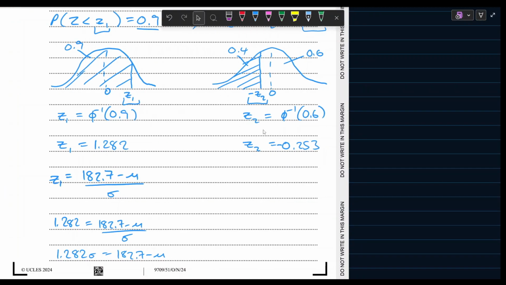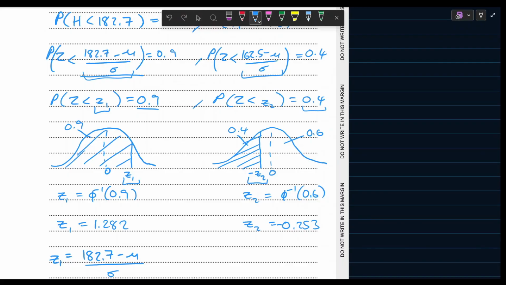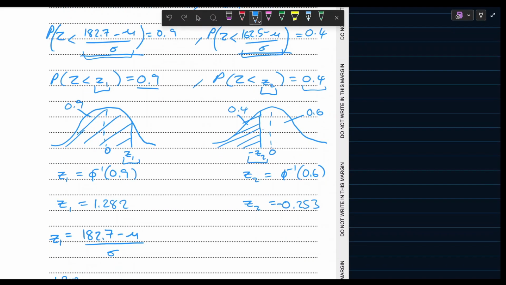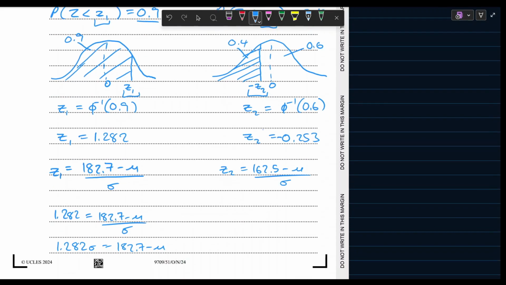And then we can do the same here for z2, because again, z2 is just a placeholder for this expression. So it means z2 is equal to (162.5 minus mu) over sigma. So that means our z2, which is negative 0.253, is equal to (162.5 minus mu) over sigma.